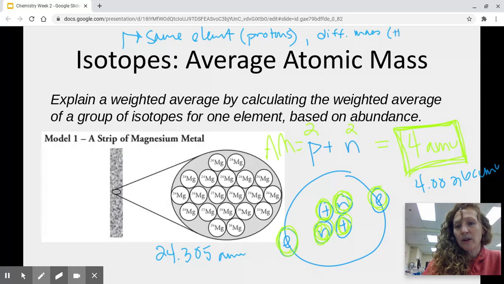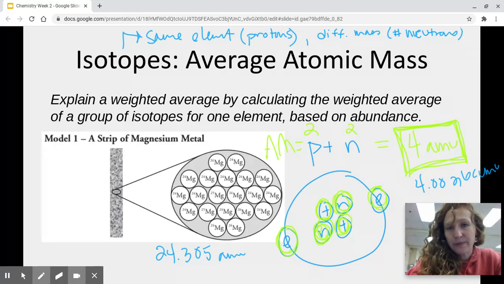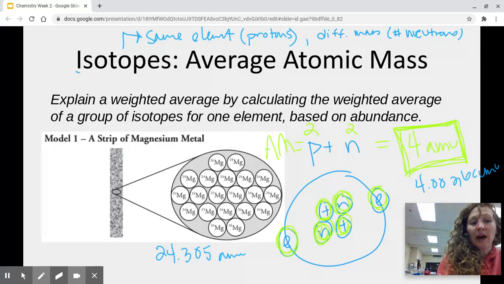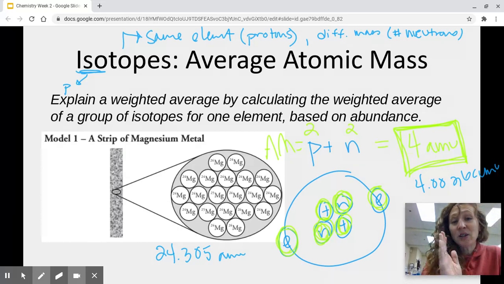The number of neutrons will actually change. In an isotope, iso means the same, and that's referring to the same number of protons. So it's the same element with the same number of protons, but different numbers of neutrons.